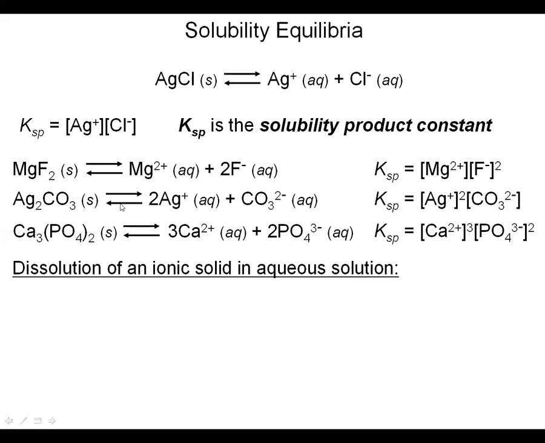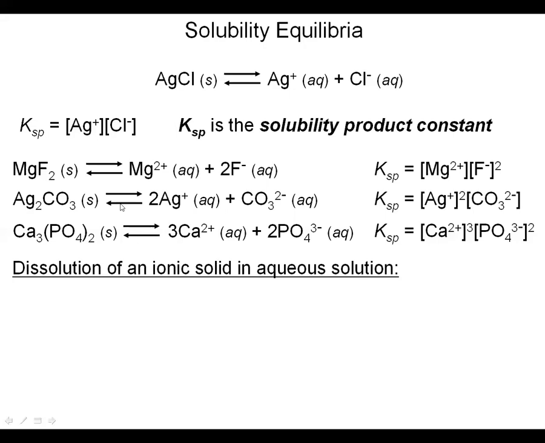Now, it's important to realize that even though something is technically insoluble, there is always some degree of solubility. It's obviously extremely small, which is why it's considered insoluble as a whole.